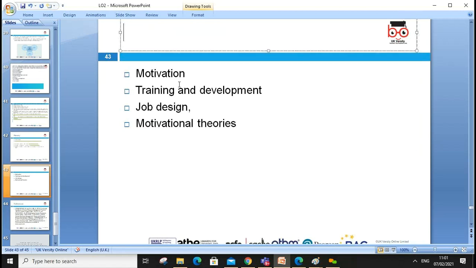Yes, so these are the key terms. Please look around these, and that's all for today's lesson.